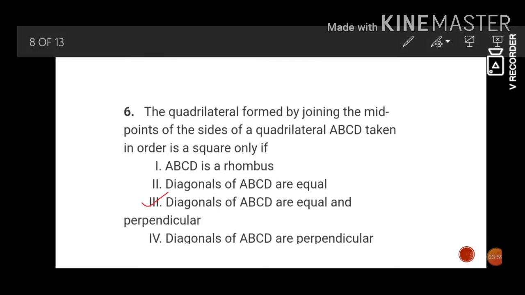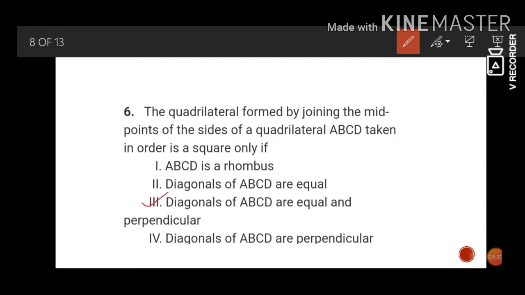Question number 6. A quadrilateral formed by joining midpoints of sides of quadrilateral ABCD taken in order is a square only if ABCD is a rhombus, diagonals of ABCD are equal, diagonals of ABCD are equal and perpendicular, or diagonals of ABCD are perpendicular.